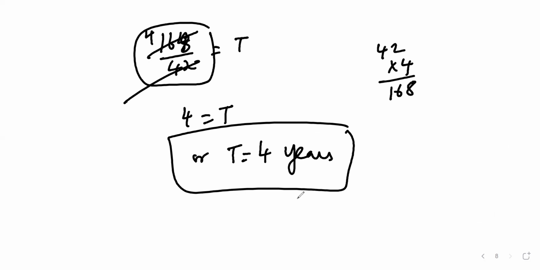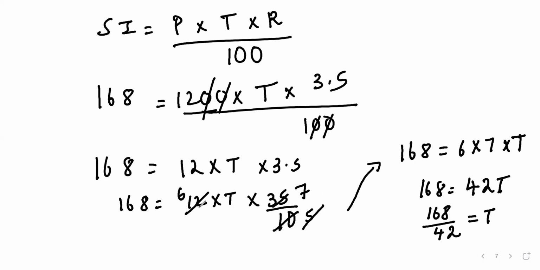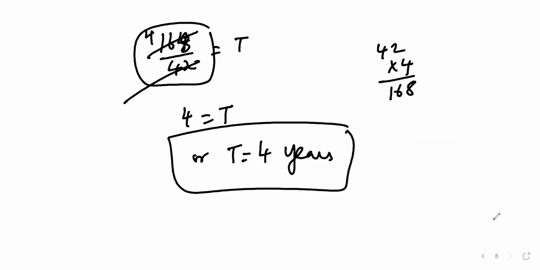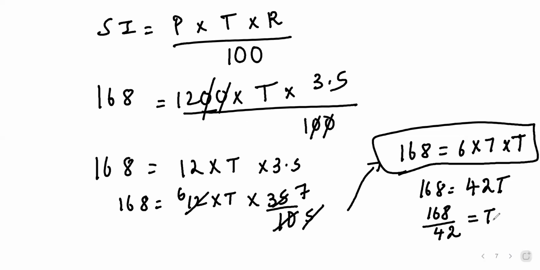So you just go with the formula, put in whatever values are given, that is the data, and then you can cross multiply and simplify to get the expression. Remember, T is in years, rate percent is per annum, and principal, amount and simple interest are all measured in rupees.